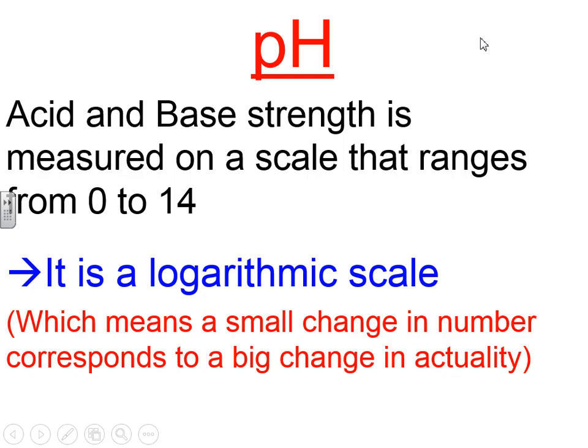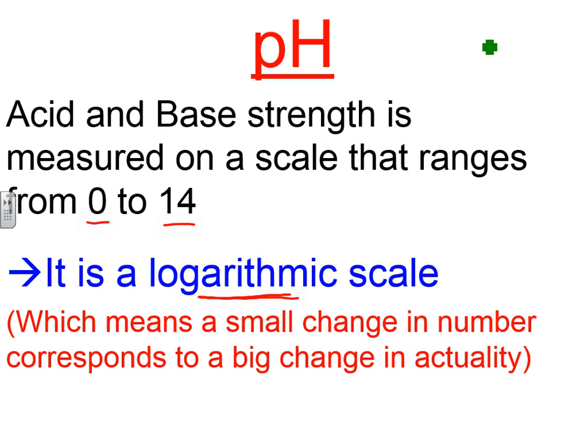But pH. pH is a scale of acid-base strength, and really it goes from 0 to 14, but you can actually dip down below 0 and go above 14, but standard is 0 to 14. And it is a logarithmic scale. Now, logarithmic means the change on the actual scale corresponds to a very big change in actual measurement. So this is kind of the same scale that's used for earthquakes.